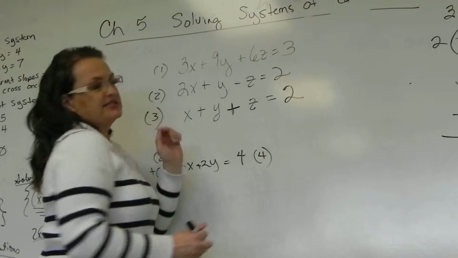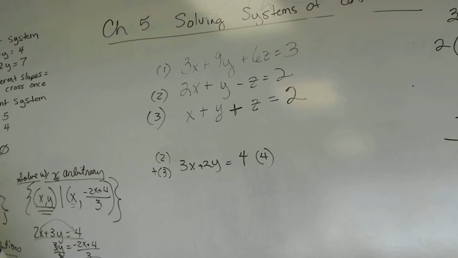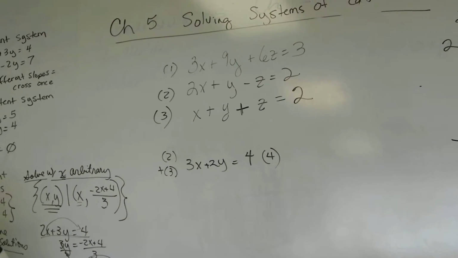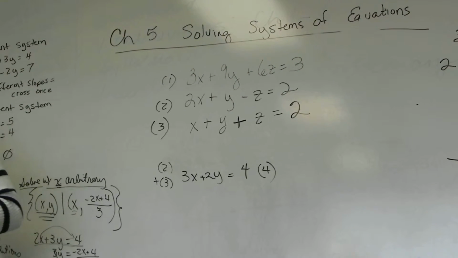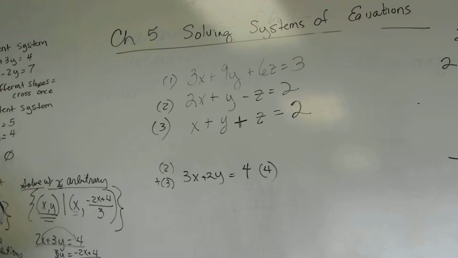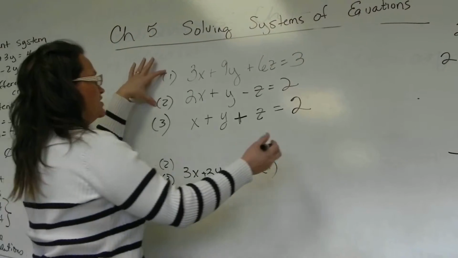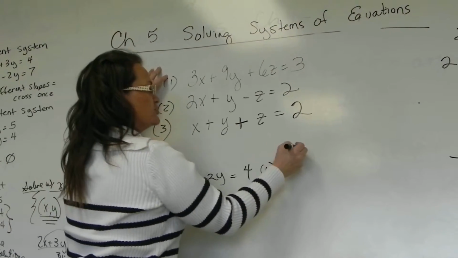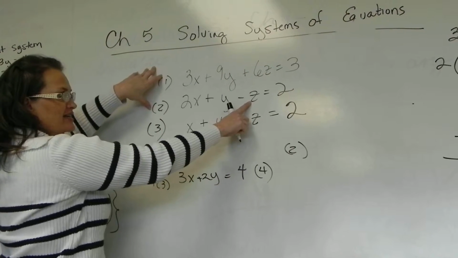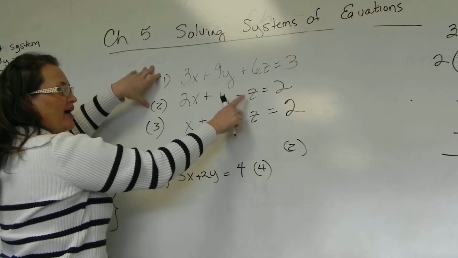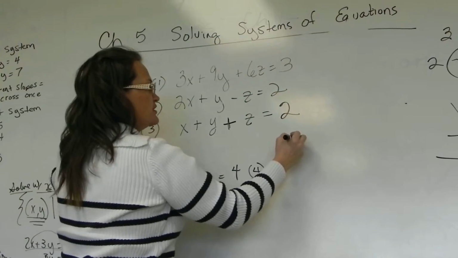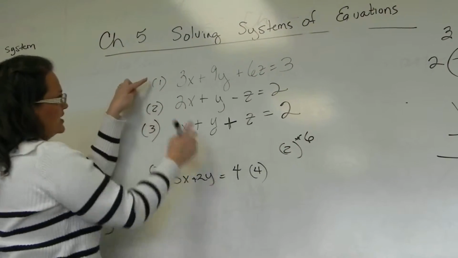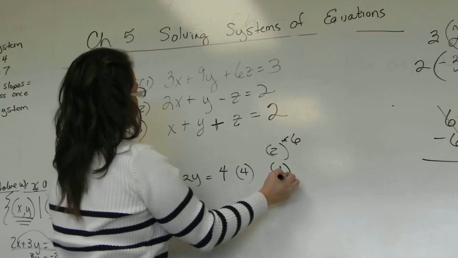So let me follow my notes. What did I do? Equation 2 and 1. Sorry. I did 1 and 2 together. I took equation 2 times 6 because it wouldn't naturally add out unless I did a 6 there. So I multiplied equation 2 times 6 and then left equation 1 alone.